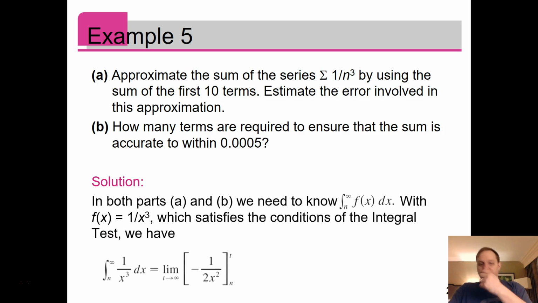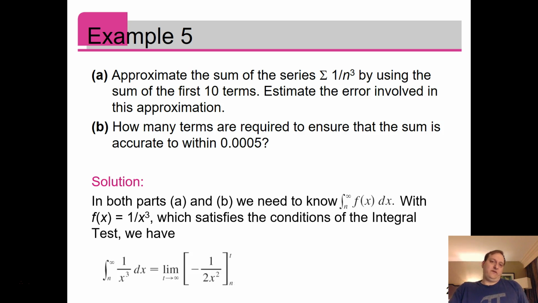All right, so we're going to do the integral from n to infinity of f of x dx, and we're just treating it with n. We're just going to say it's from n. So we do that, and we get this lovely thing: the limit as t goes to infinity of negative 1 over 2x squared from t to n. That's just doing the integral.